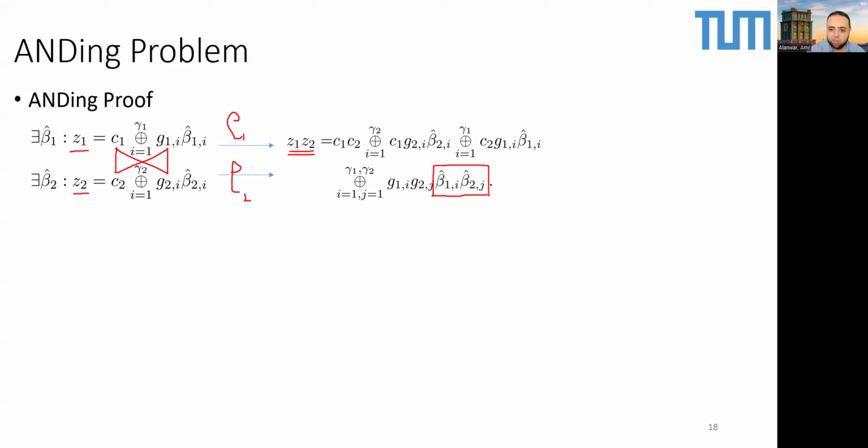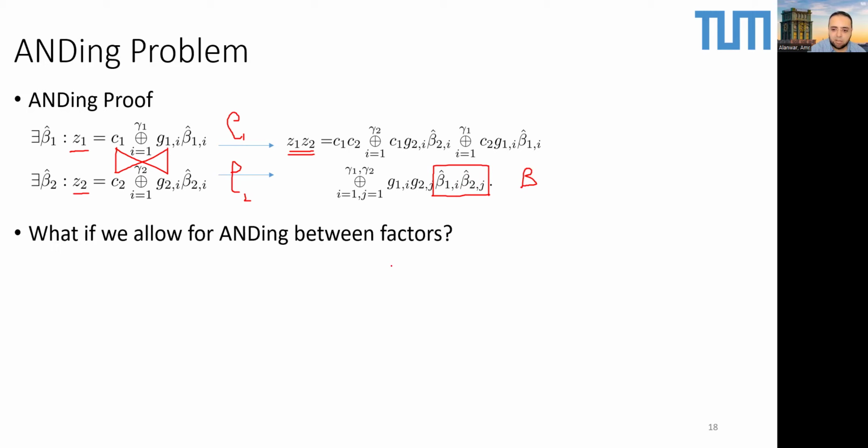In the logical zonotope, we are over approximating this term by 1 beta, as if you multiply zeros and ones and zeros and ones, you can represent them by 1, 0, and 1. However, it's an over approximation. To do it exactly, you must allow for ANDing between the factors, betas.